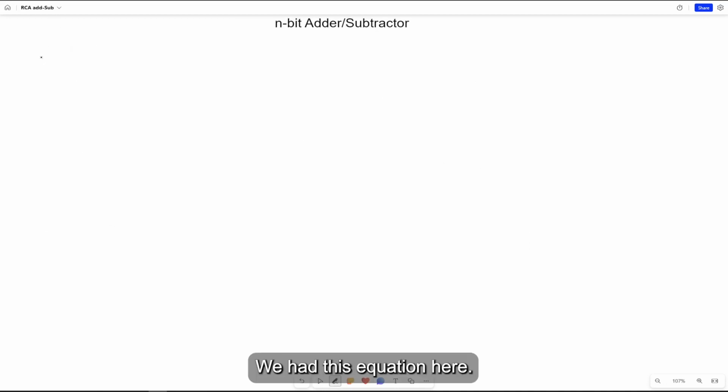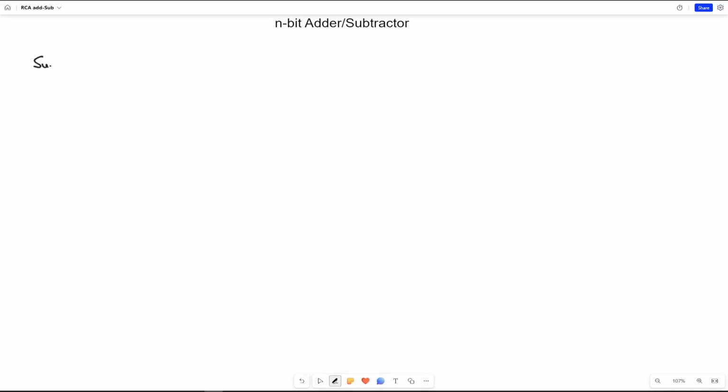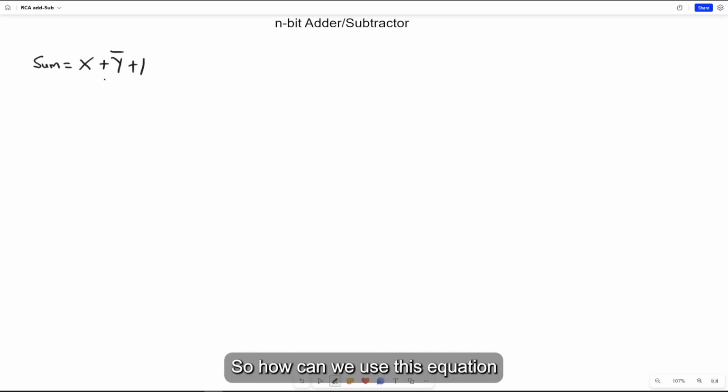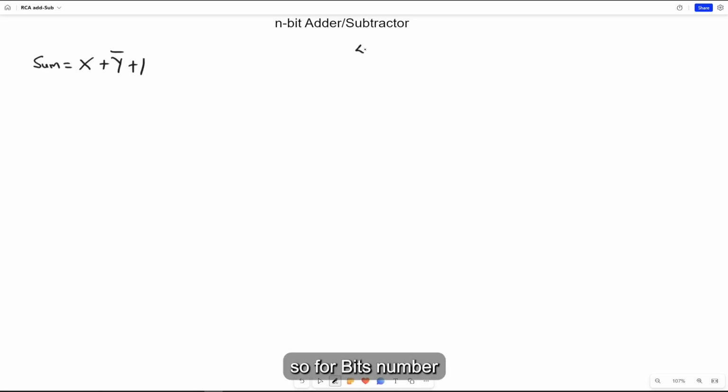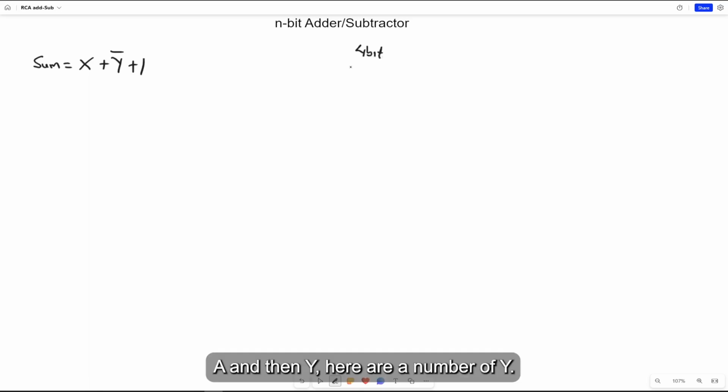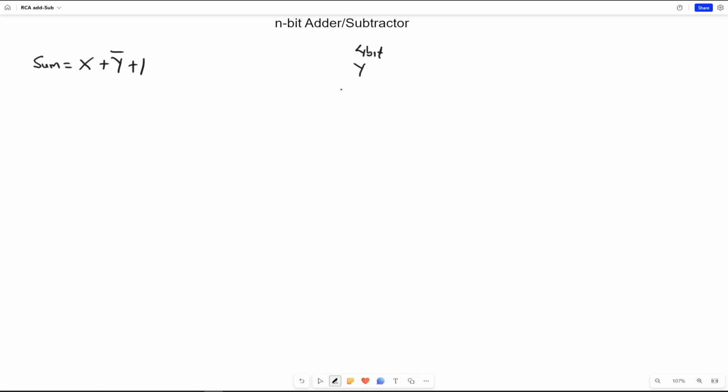We had this equation here. So how can we use this equation to do both addition and subtraction? For example, if you have a 4-bit number, and then our number y.